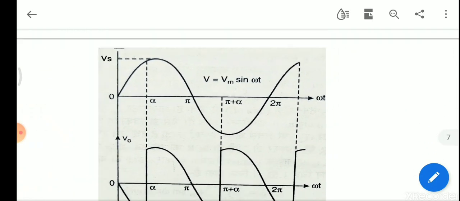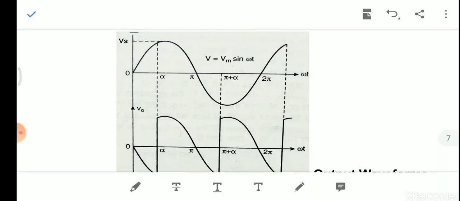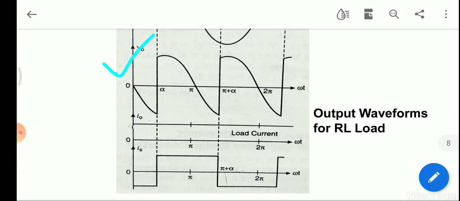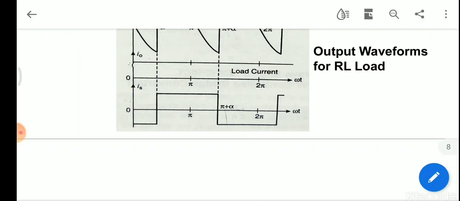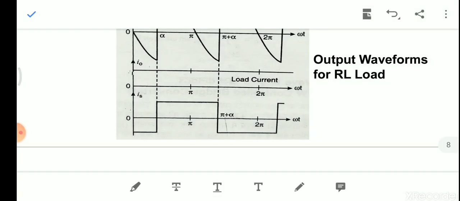this is the waveform, actually the waveform that we discussed. This is the output voltage, and here the important point is the load current.